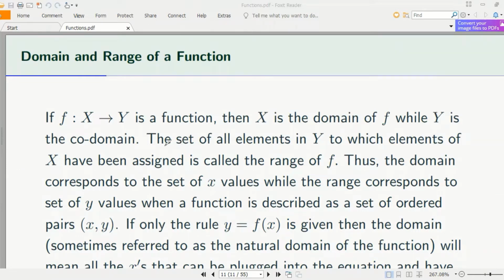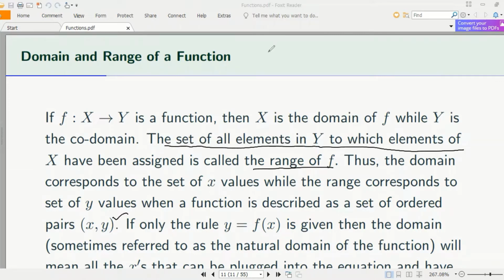Then the range is defined here: the set of all the elements in Y to which elements of X have been assigned is called the range of F. I've also stated that the domain corresponds with the set of X values, while the range corresponds with the set of Y values, when a function is described as a set of ordered pairs (x, y).